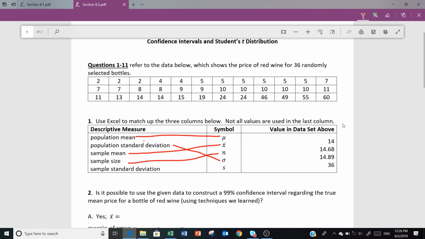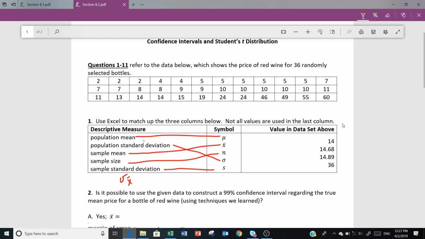Okay, so this is where some students get confused. Oh, I thought sample standard deviation was this. Is that sample standard deviation? What did this come from? Good.